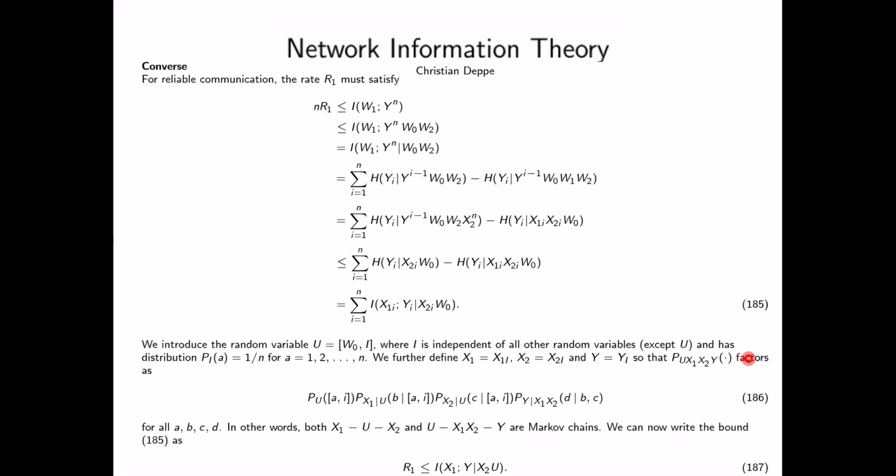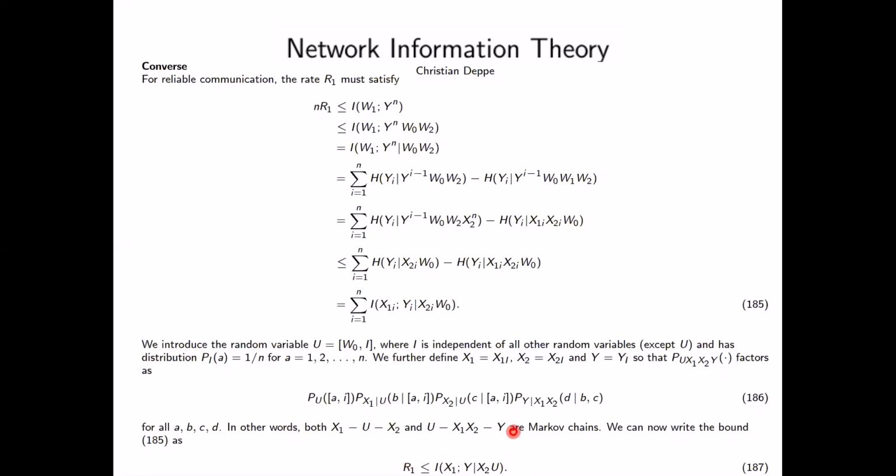So we have the following factorization of this joint distribution here, which we choose. And we get that R1 is lesser equal than the mutual information of x1, y under the condition x2 and u. You see why we introduce this. Then we have here always the same values n times, and it's this I as the distribution 1 over n, and therefore we are left with this rate here.